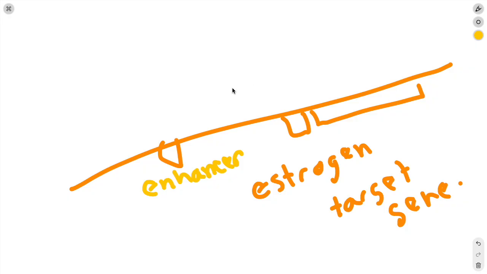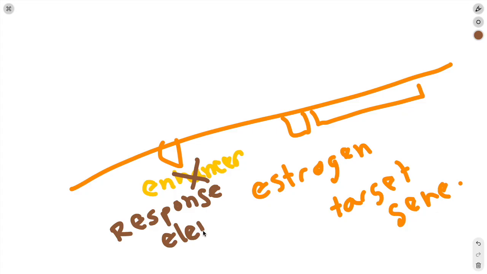So let's draw this estrogen receptor, because now we have to add more to its shape. Oh, and before we do that, let me just show you this. People who study the estrogen receptor detest the name enhancer. They like to call it a response element, because that's a neutral term.